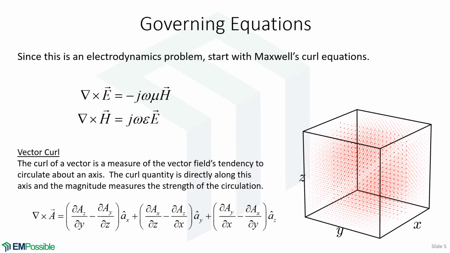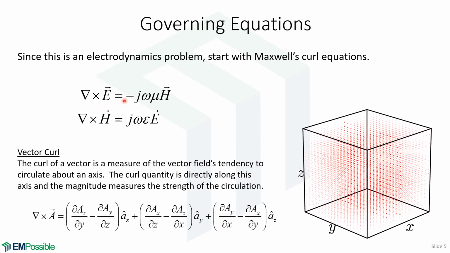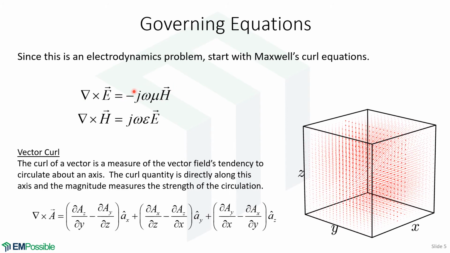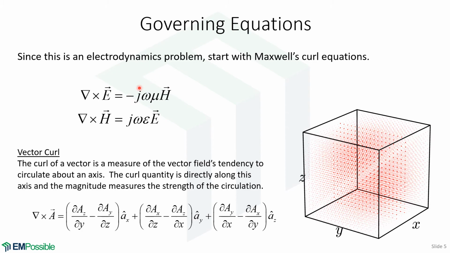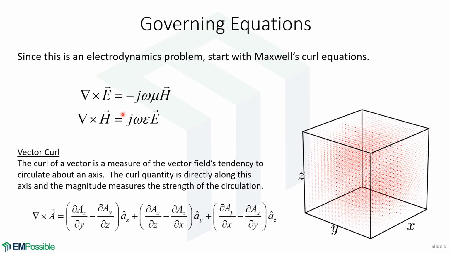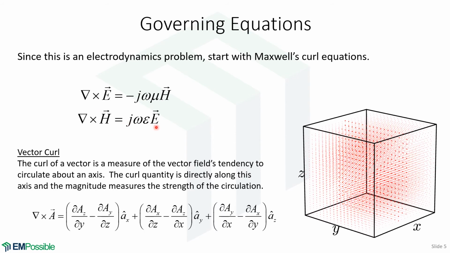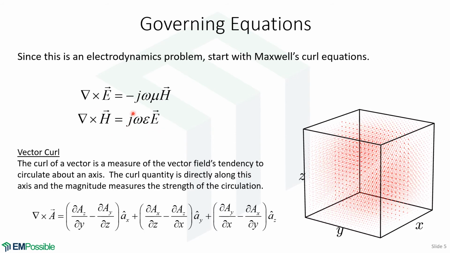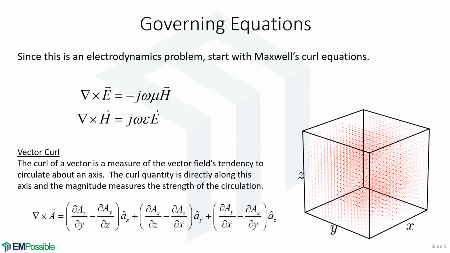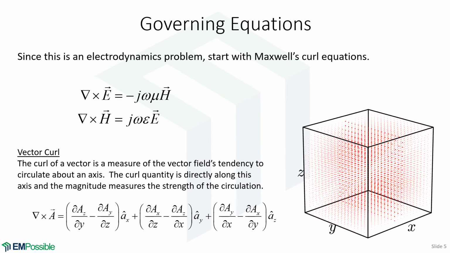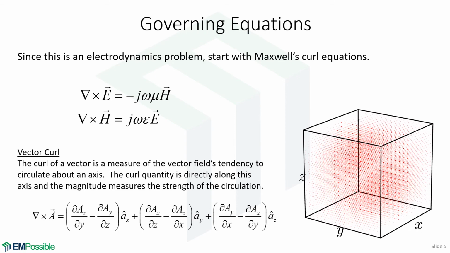And so what these two curl equations are saying is that if there's any circulation in the electric field, that means there has to be an oscillating magnetic field down the axis of that circulation. And the other curl equation says basically the opposite thing. If there's a circulation in the magnetic field, we will have an oscillating electric field. And one of these equations has a minus, the other doesn't. And in the end, one field oscillates around the other and it goes back and forth, and we get electromagnetic waves. We don't need to know any of that.